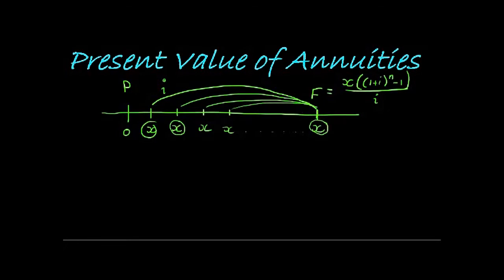So to find the past or the present value is kind of like asking, what will you give me if I promise to give you, let's say, 100 Rand every month for a whole year? How much will you give me right now?